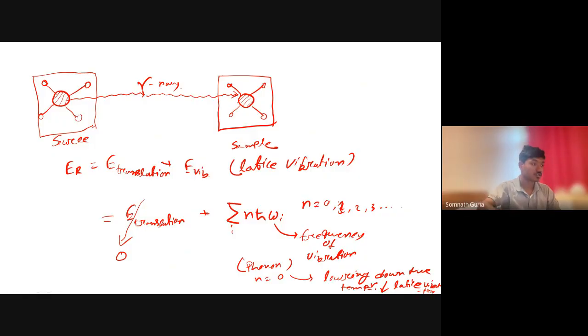And this is where the recoil energy now becomes 0, and that is called recoilless transition. Now we can say that recoilless transition is required for Mossbauer spectroscopy.